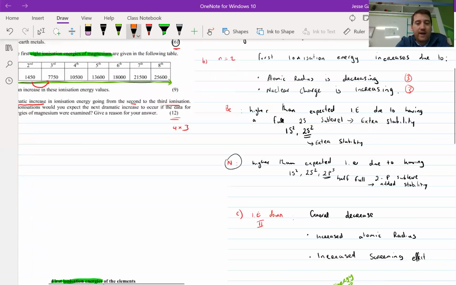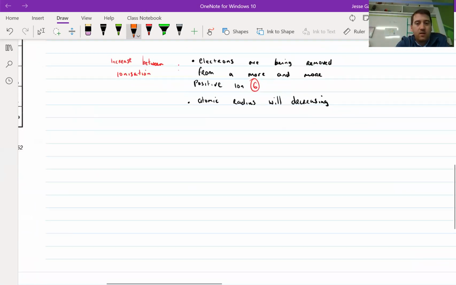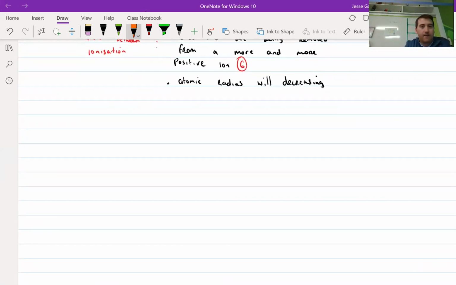So let's just jump for that. Okay, so this is part E. Part E. And it's account for the jump from second to third ionization of magnesium. Okay, so what do we say?